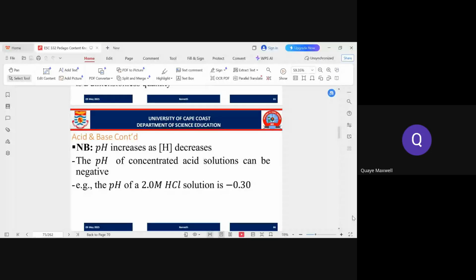What was the mole ratio of the acid to the hydrogen? Hello, Doc.